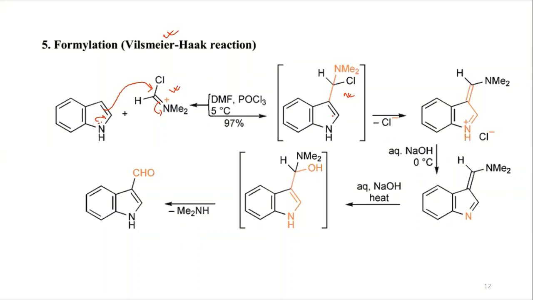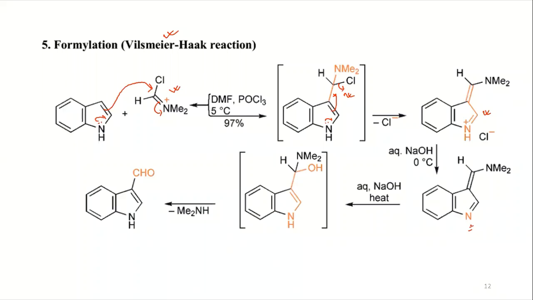Now this one will produce the dehalogenated intermediate, and this intermediate, if you treat with the base, you have deprotonation here at the N center.